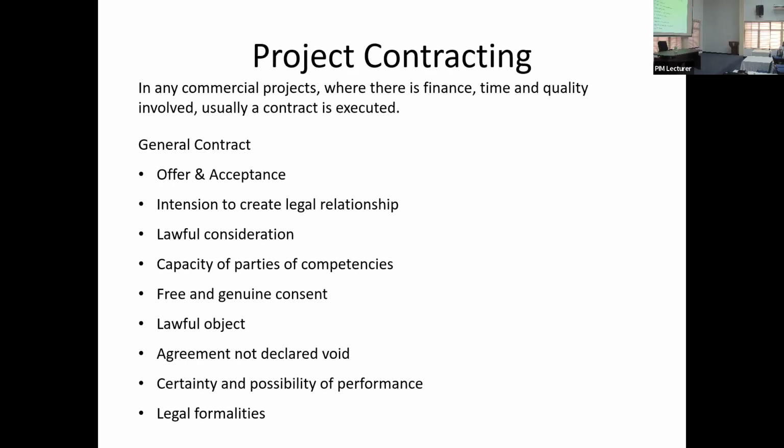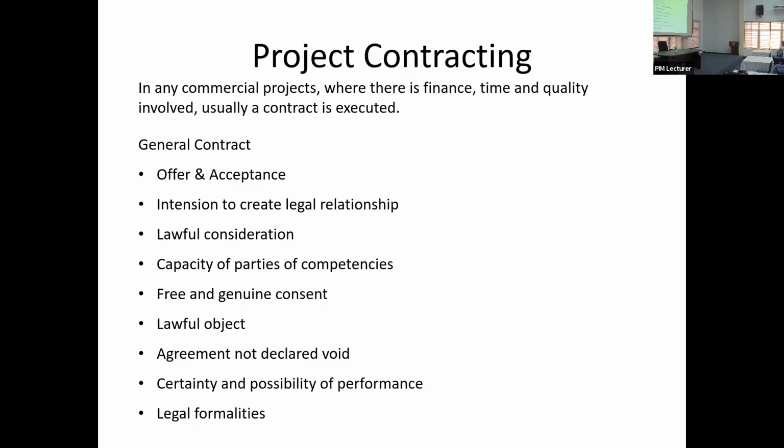So, in a project, offer and acceptance is fine. That's the easy part. Intention, a legal relationship must exist. Lawful consideration. What do I mean by lawful consideration? It has to be valid. So you can't have certain clauses in it, right?